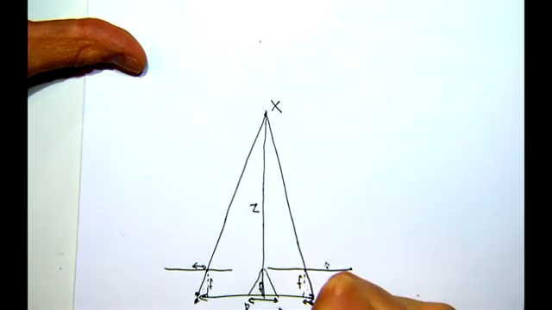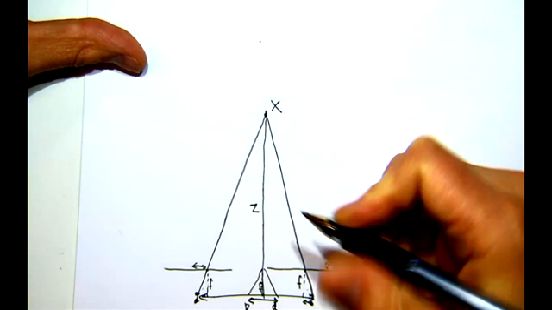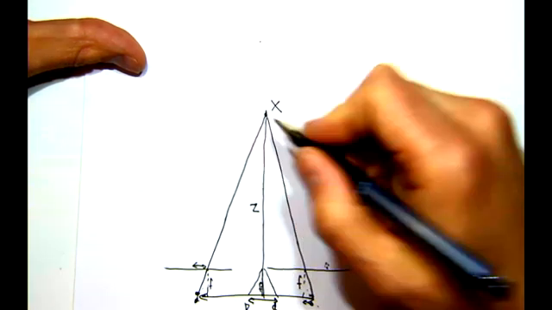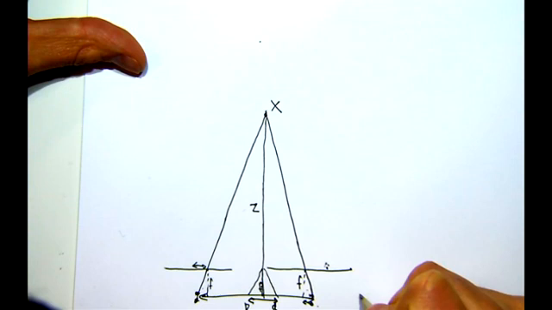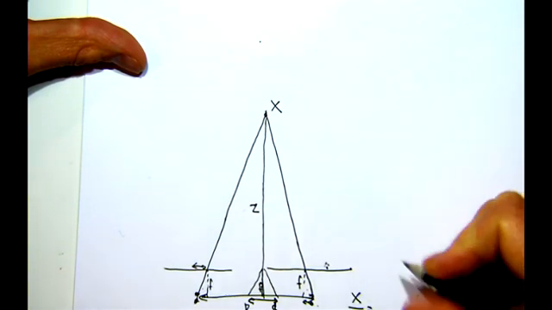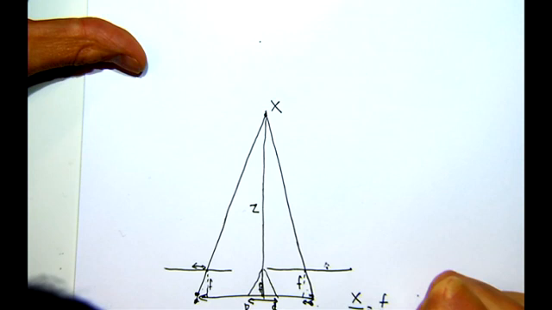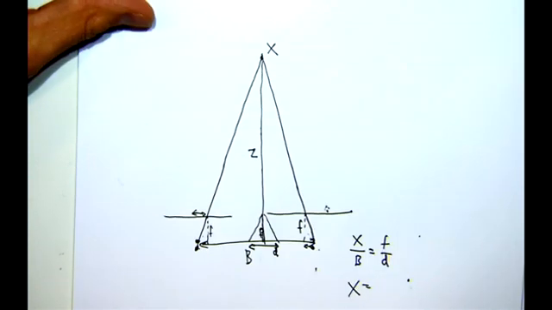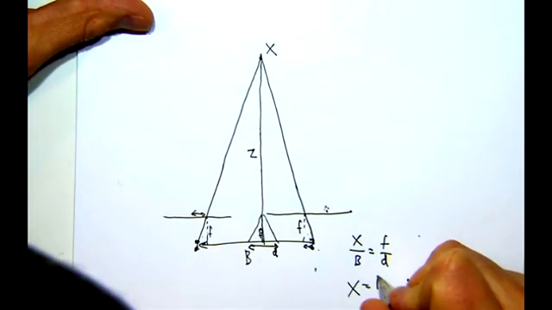So this is my disparity. This is my focal length. Then on the larger triangle, I have my baseline and the 3D depth. So I have z over b equals f over d. And so z equals b f over d.